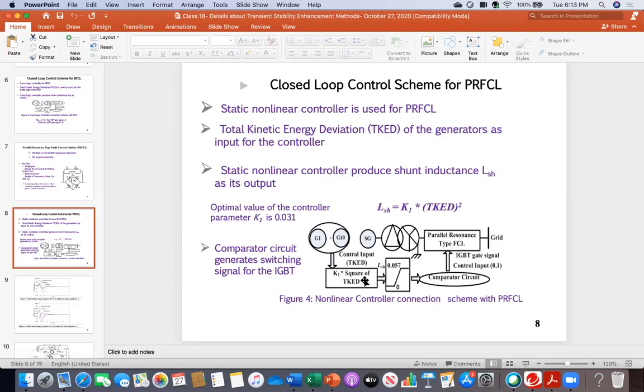It may be a fuzzy controller or other nonlinear controller, or even a PID controller. And then it produces the LSS value. And then again, there is a comparator circuit comparing with some threshold, and accordingly the IGBT gate signal gets 0 or 1. Consequently, the parallel resonance is getting affected in the system.